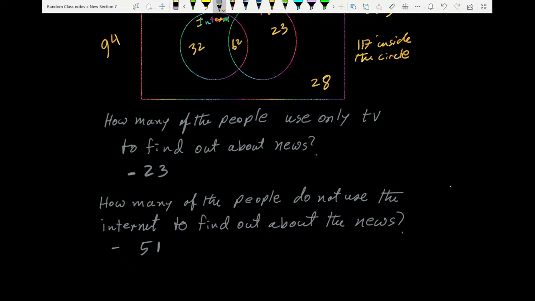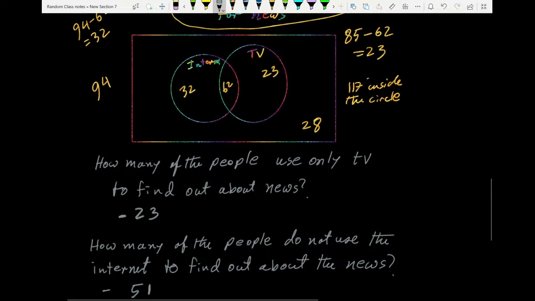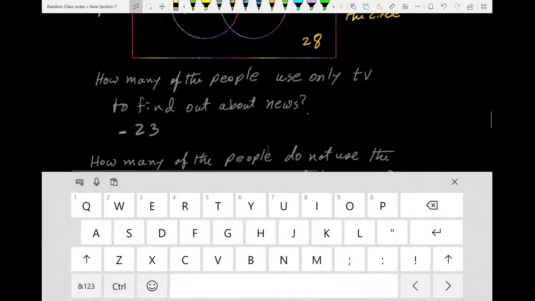Now, this problem can be tricky because there's some ambiguity involved in these 28 people. I don't know what the book answer is. All right, children, you should know how to use technology.